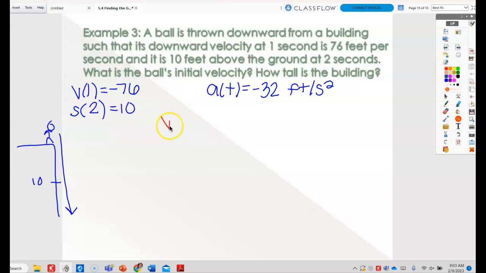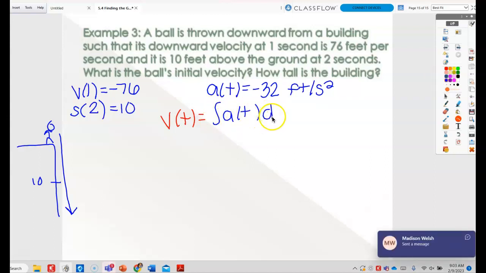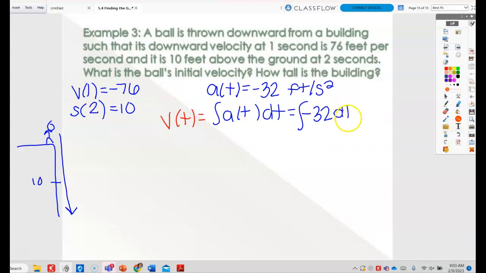So velocity would equal the integral of acceleration, which would equal the integral of negative 32 dt. So velocity would be negative 32t plus c.